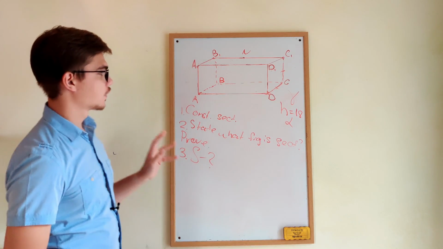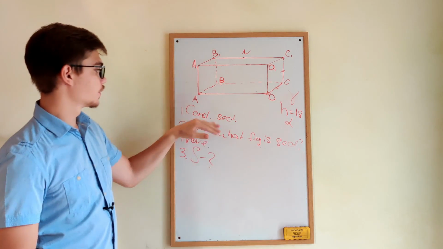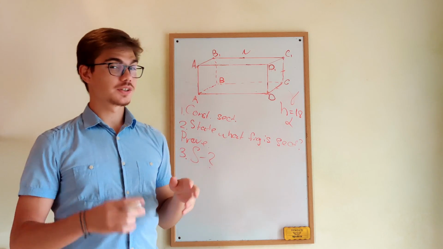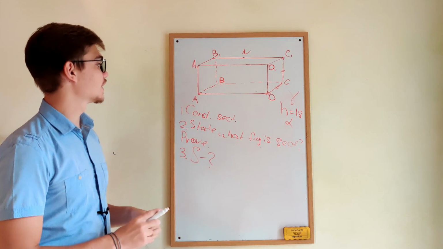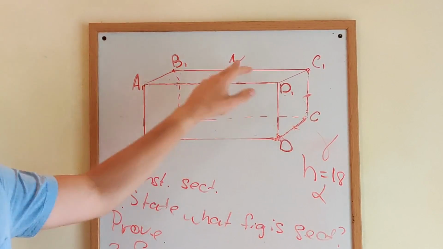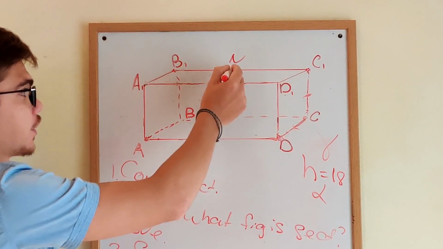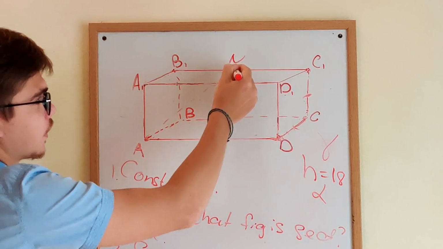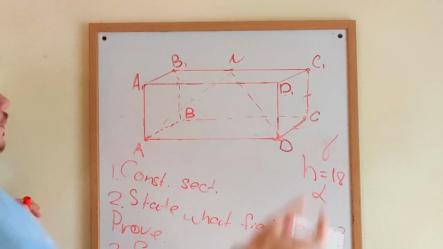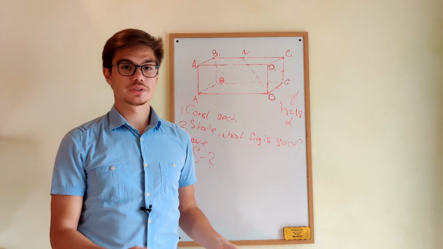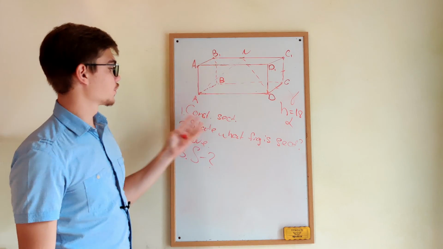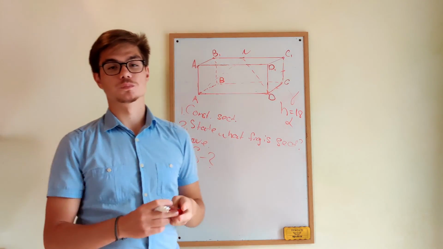Okay, so the first part is the place where most people made a mistake. You see, it was on purpose given that the section passes through basically 3 points, A, D and N. And everybody just connected them and got a triangle AND, and wrote down that this is the section, and then proceeded to construct it and find its area and so on.